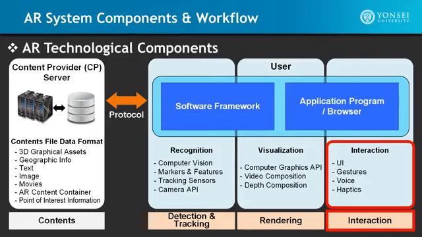Then there's gesture, voice, and haptics. Haptic technology is something in which, on a screen, in a virtual domain or an augmented reality domain, you touch something in the air and you're really not touching that object.